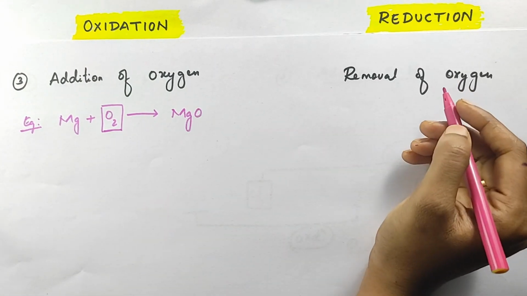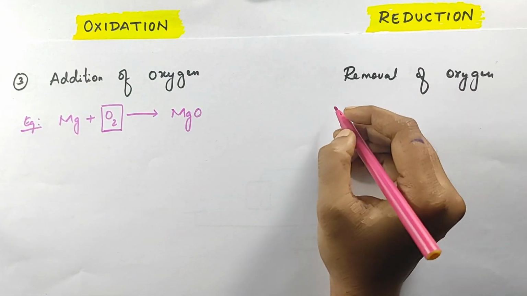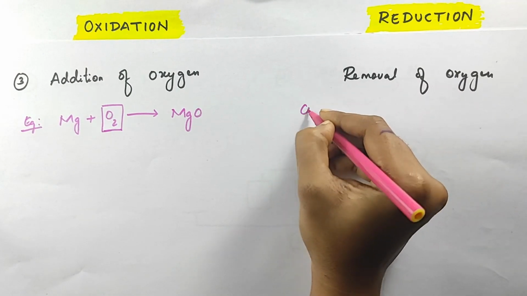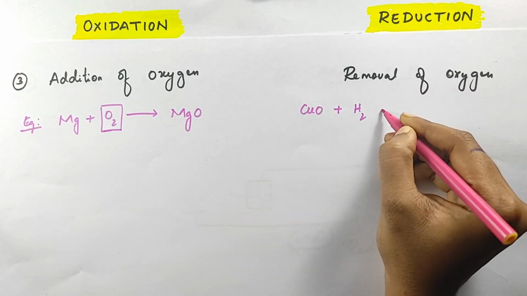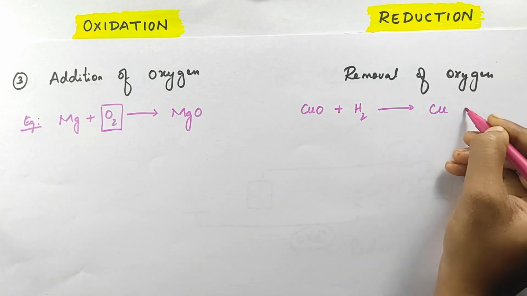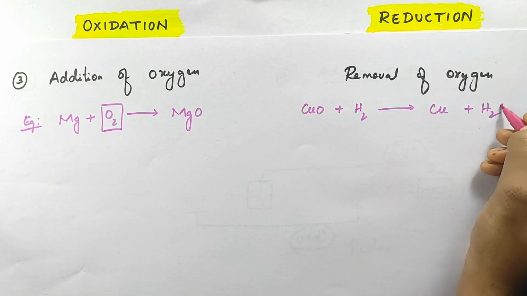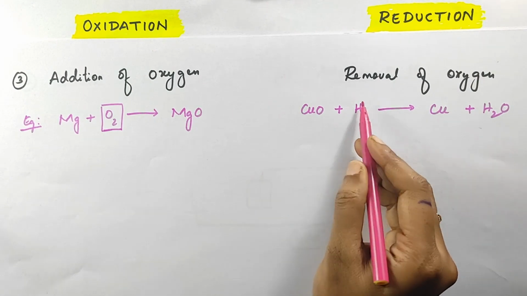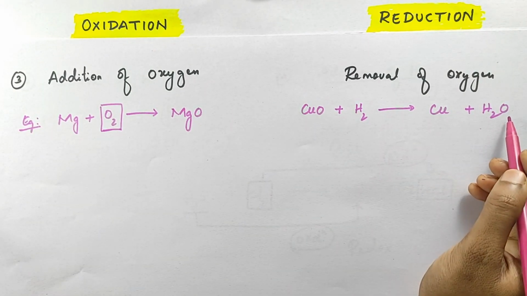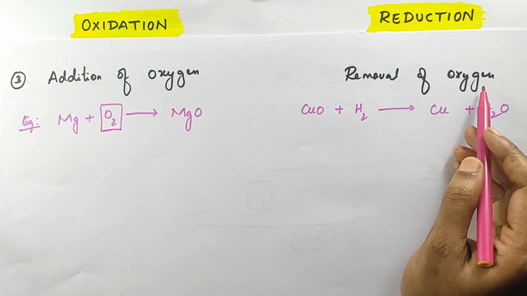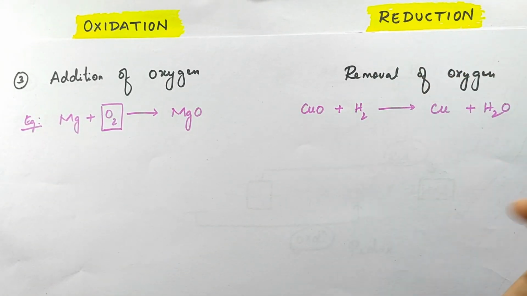For removal of oxygen, the example is copper oxide, CuO. I am taking the reaction CuO plus hydrogen, giving copper and water. Here the removal of oxygen is called reduction.